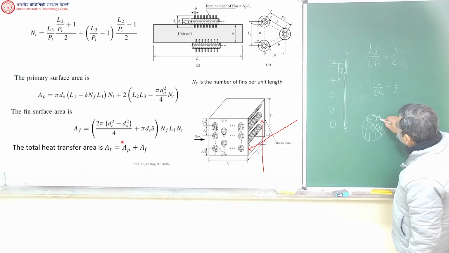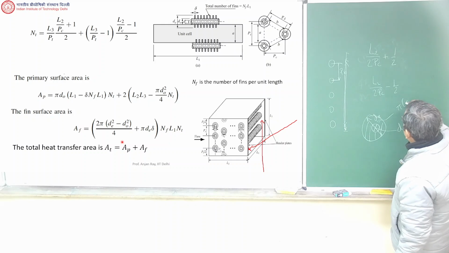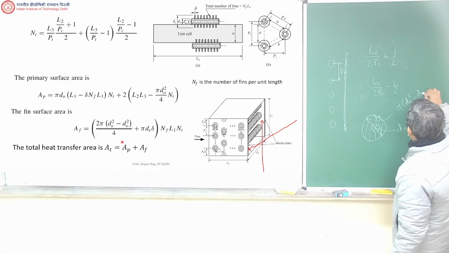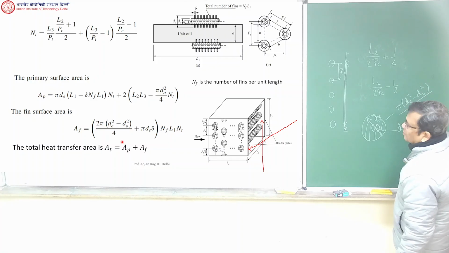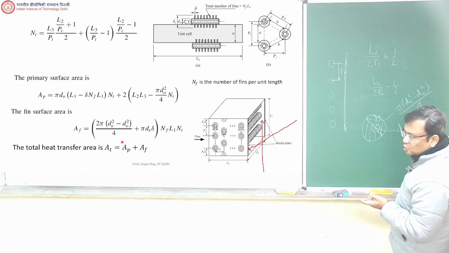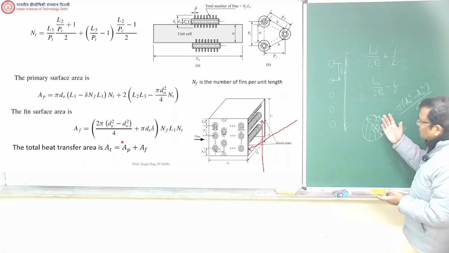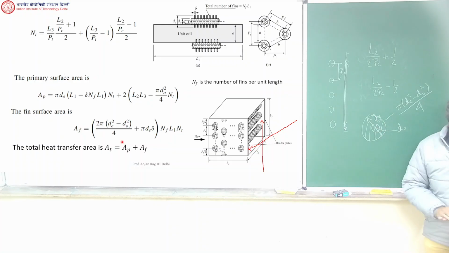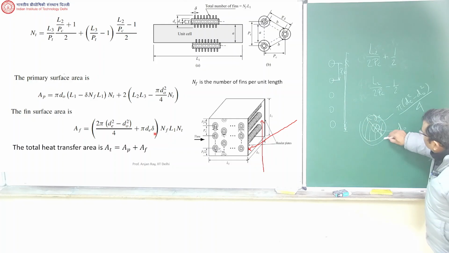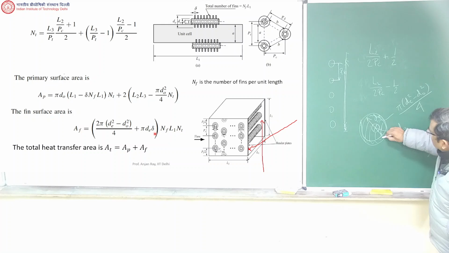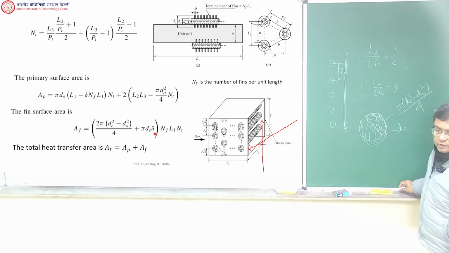So this shaded area will be pi times DE squared minus DO squared divided by 4. But you have to multiply it by 2 because for each fin there are two sides, right? Okay, and what about this pi d delta? That's because of the rim of the fin, because of this thickness of the fin.